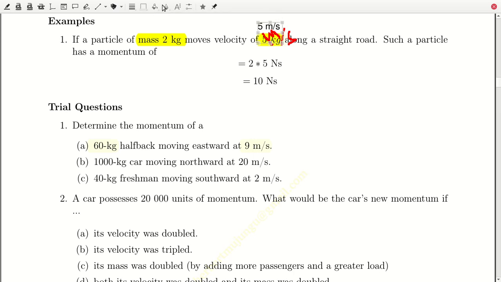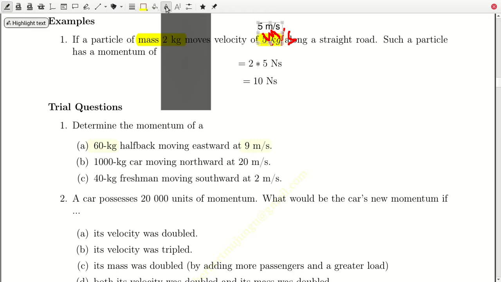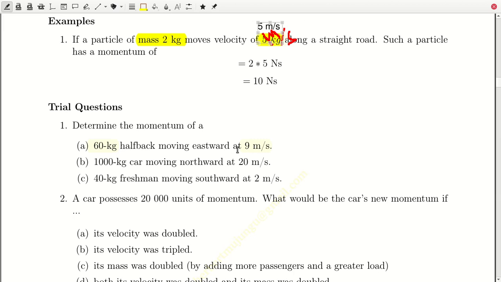So the product of 60 and 9 is 540. So our momentum in this case will be 540 Newton second, and also acting eastwards.